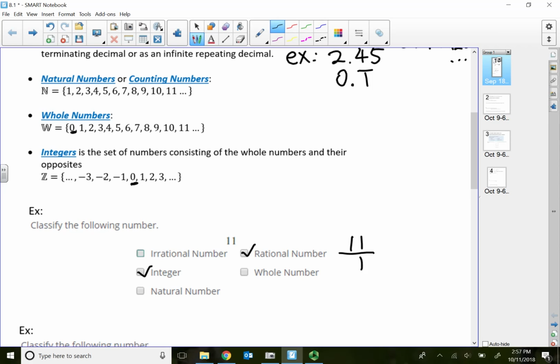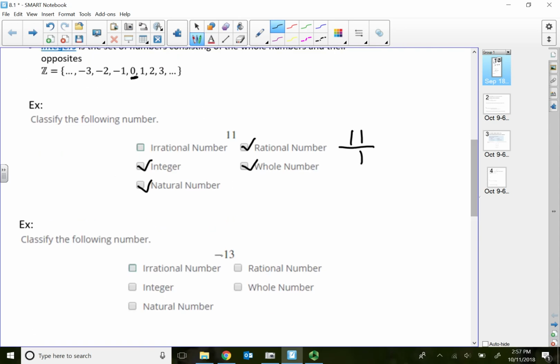Integers are positive and negative whole numbers. So 11 is a whole number. 11 is also a natural number because natural numbers start from 1 and keep on going to the right on the number line. Whole numbers actually start out with 0, 1, 2 and keep on going to the right on the number line. So 11 is all four of these.